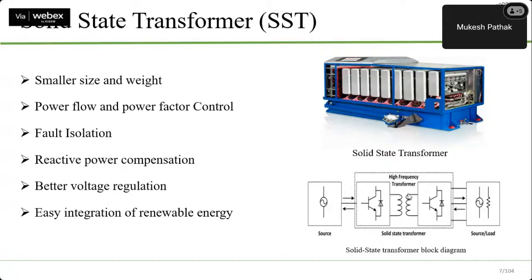So that makes it double protection. That means the overall system will be much more protected as compared to a conventional transformer. Reactive power compensation: in a conventional transformer, you need additional systems, reactive power compensators, to be deployed to compensate for reactive power.